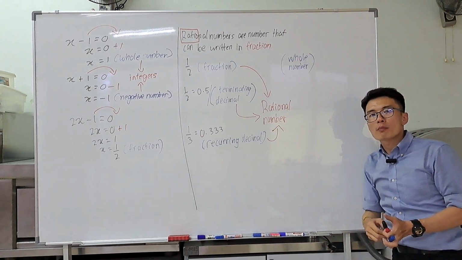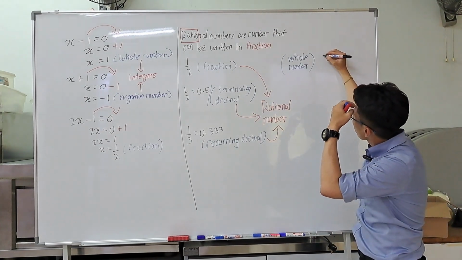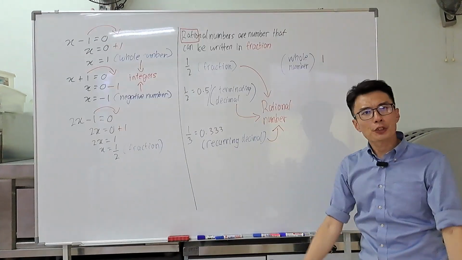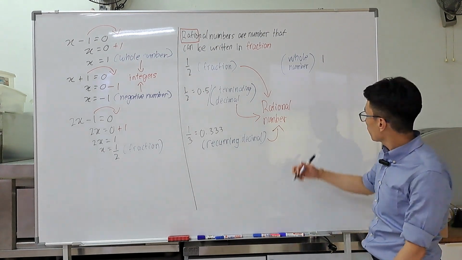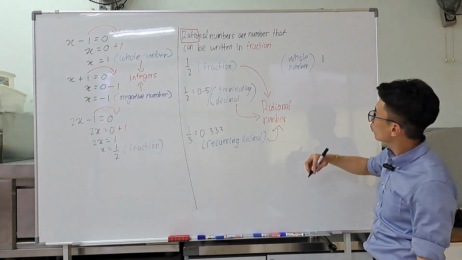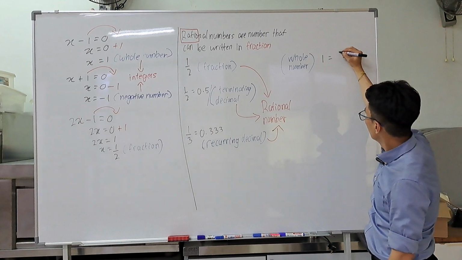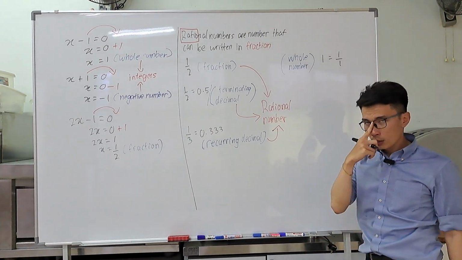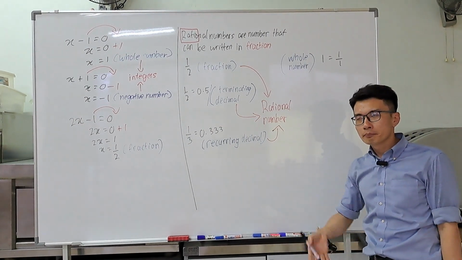Now try to think with me over here. Can I write 1 as a fraction? Yes, you can. How do you write this as a fraction? I can write it as 1 over 1.